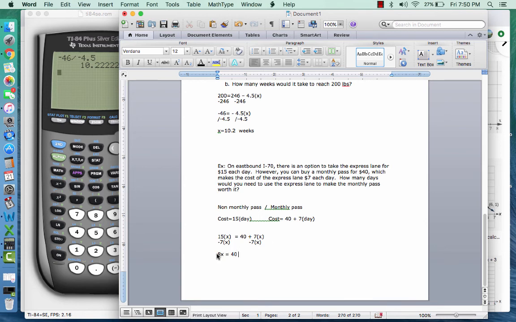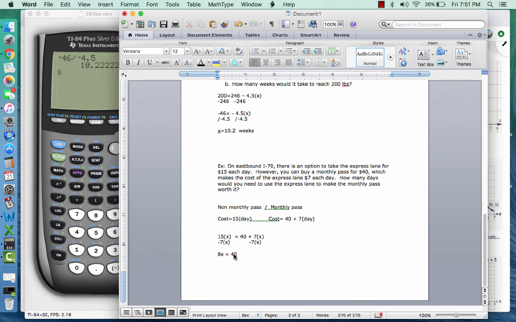What's cool about this equation is, remember, if I pay the $40 up front, then I save $8 each day that I use the express lane. And that's exactly what this is showing.